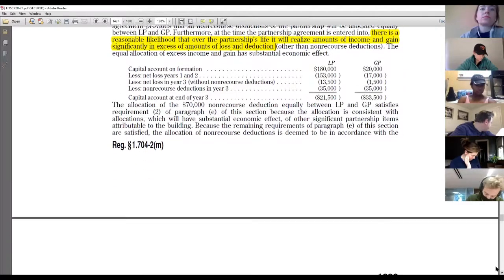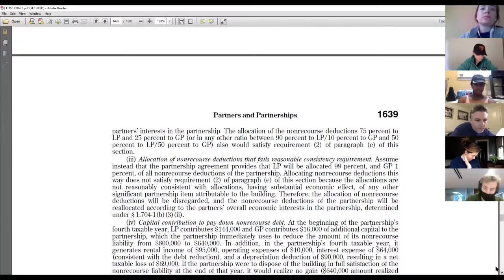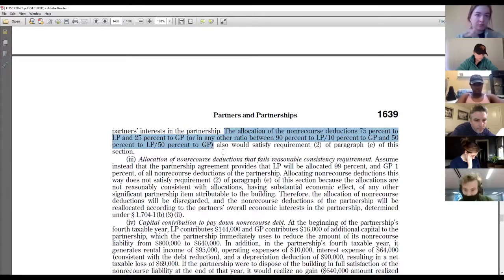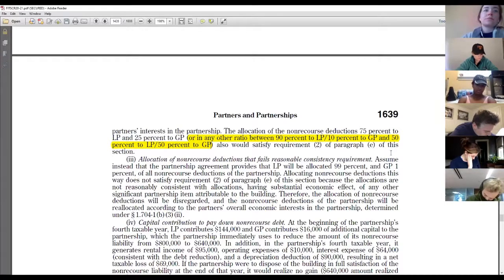But what this rule says down here is that the allocation of non-recourse deductions 75 to L and 25 to GP, or in any other ratio between the two thresholds, would satisfy the reasonable consistency requirement. But to be clear, down here in 3 little i's, if it was 99 to 1, that doesn't satisfy it.